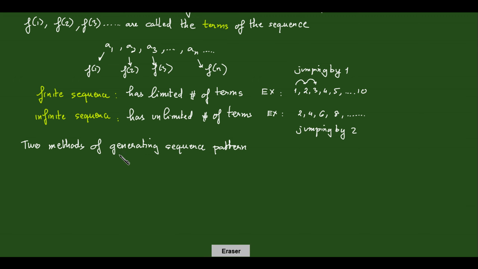I think that should be better. Two methods of demonstrating sequence pattern. So the first one, we use the recursive formula. And the second one is to use the explicit formula.